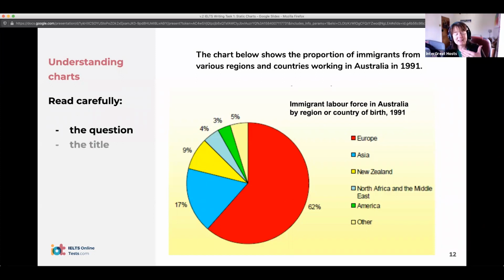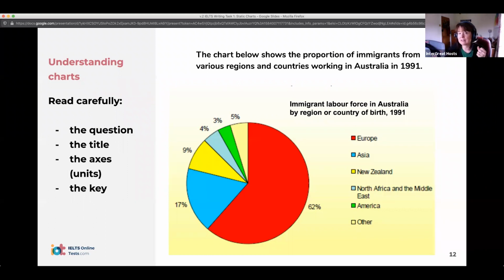And again, we're not going to practice this again, but just to remind you, check the key, check the axes, check the title. Make sure that you've got everything right in your head before you start writing.